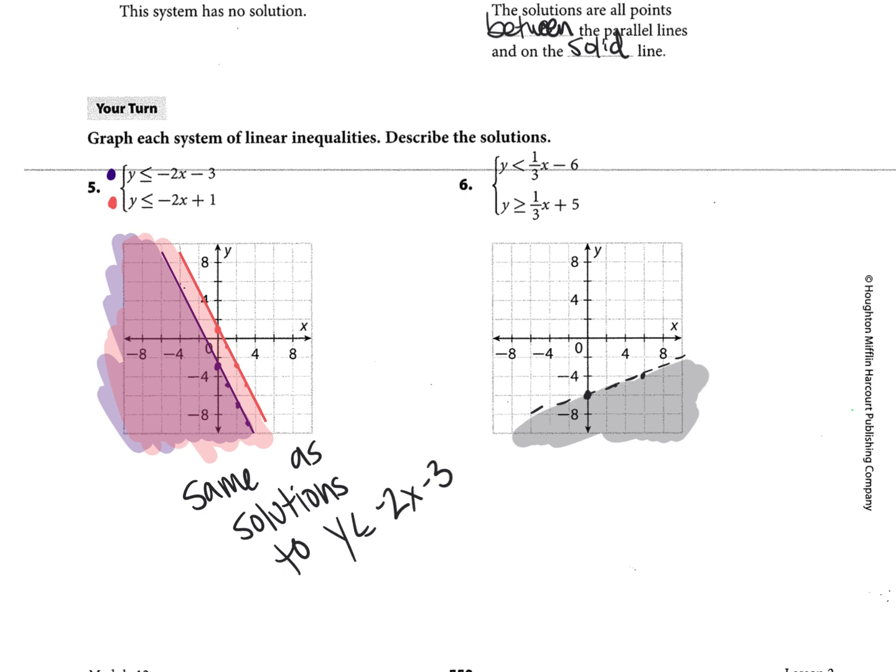Then for the next one, we have starting at 5, up 1/3. And it is a solid line. And it is shaded above. So this one is a no solution because there's no overlapping section.